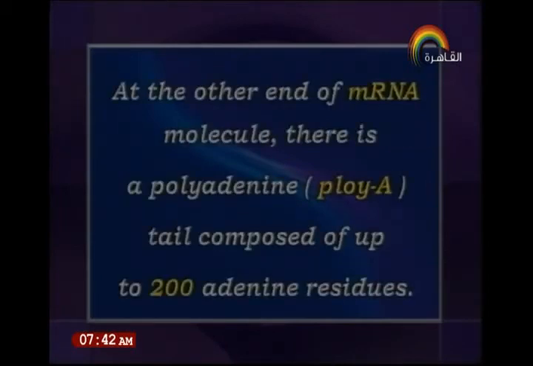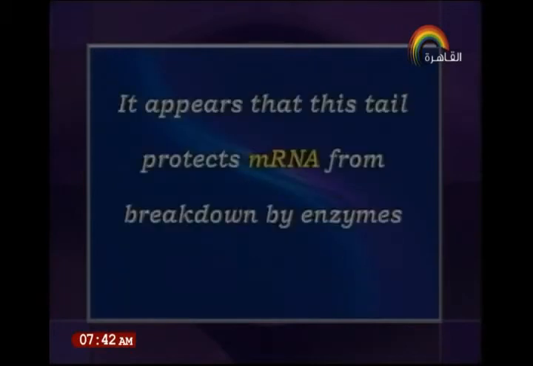At the other end of the mRNA molecule, there is a polyadenine tail composed of 200 adenine nucleotides. It appears that this tail protects messenger RNA from breakdown by enzymes in the cytoplasm.